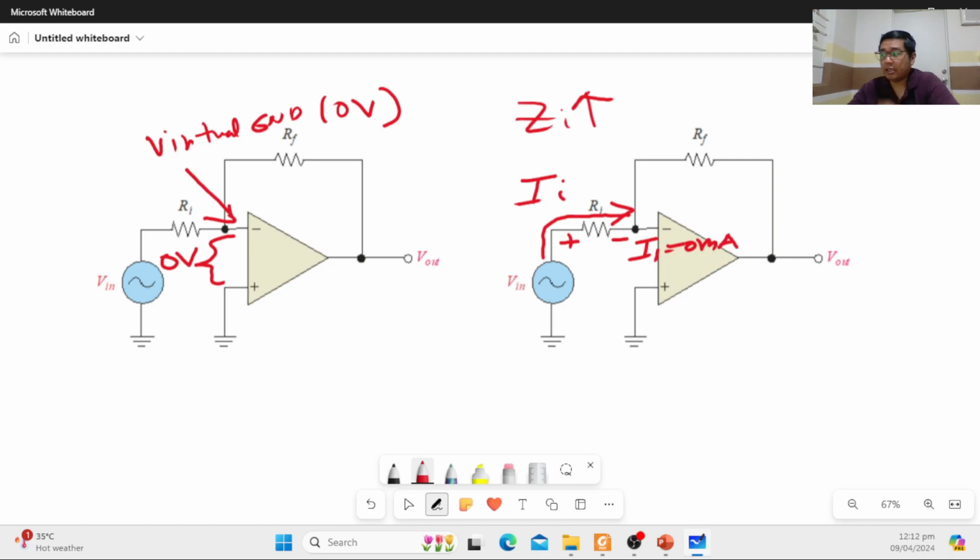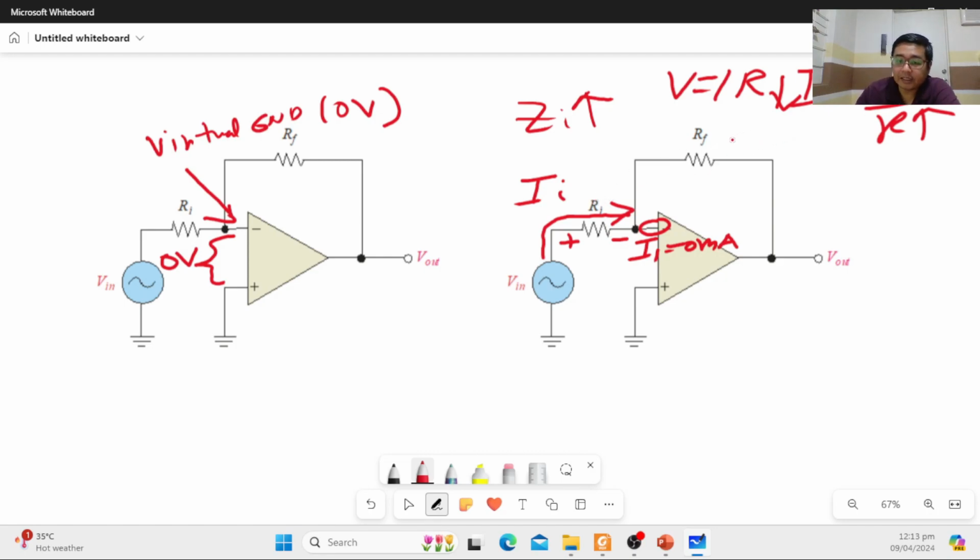So ulitin ko lang, no, yung kuryenteng pumapasok mismo dito sa inverting input natin can be approximated as 0 milliampere dahil sa sobrang taas ng input impedance natin from ohms to, diba? So that's the relationship between the current and the impedance or resistance, diba? So the current is equal to V over R. So pag mataas yung impedance or yung resistance natin, yung kuryente natin ay mababa.